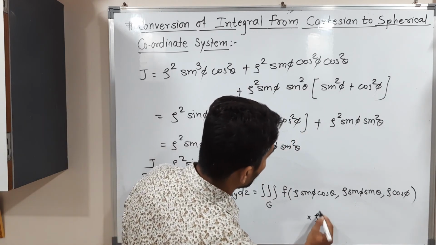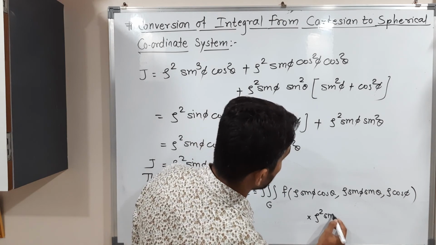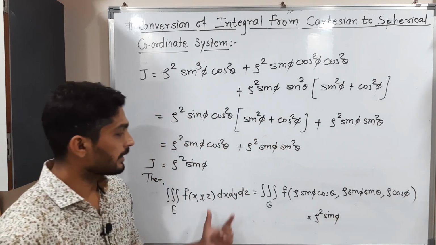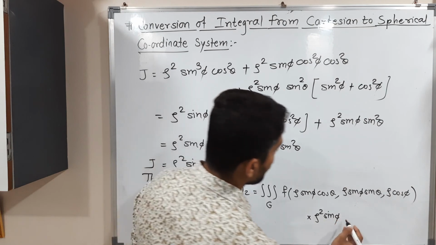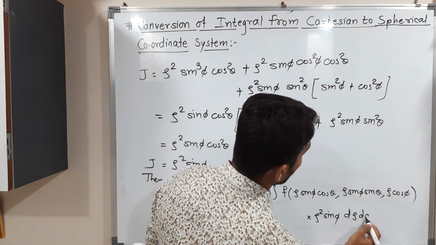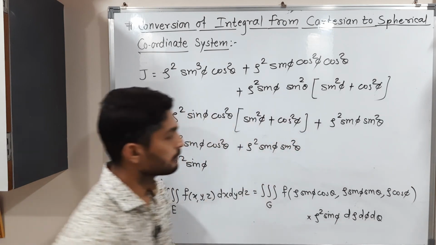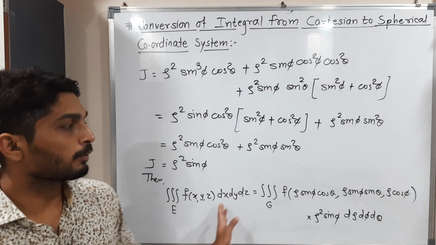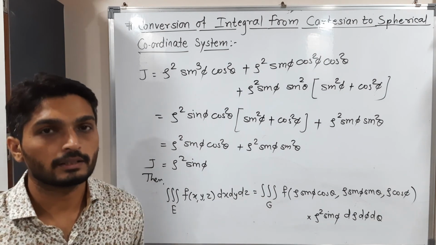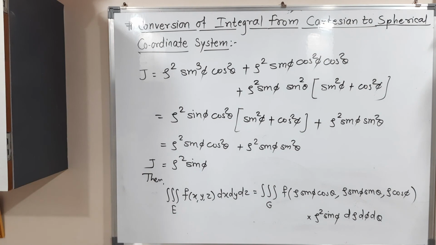We have got rho square sin phi, and dx dy dz becomes that Jacobian into d rho d phi d theta. So in this way we converted the problem from xyz to rho, phi and theta. So here you can make a screenshot of it. We will stop here. Okay, bye bye.